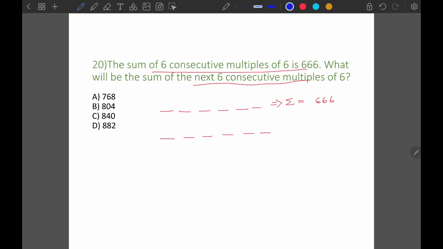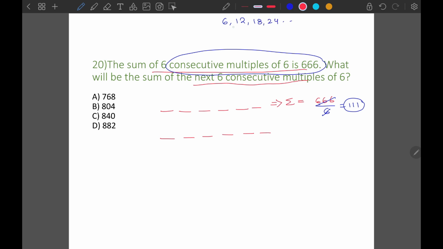Okay. Since it is given that the sum is 666, we can find the mean easily. So we have found the mean as 111. And since these are consecutive multiples of 6, let us take a sample example.